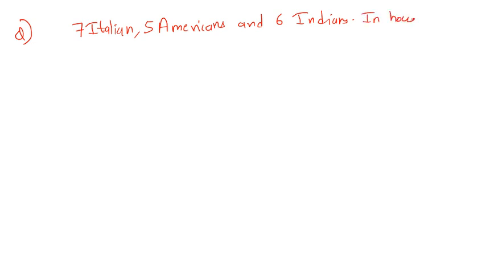In how many ways: 7 Italians are there, 5 Americans are there, and 6 Indians are there. In how many possible ways can they be seated in rows?